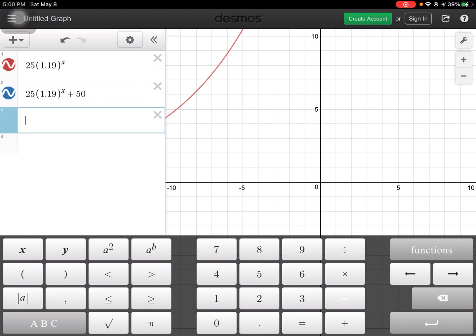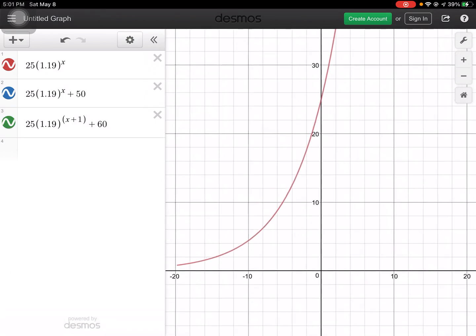And then we've got 25 times 1.19 to the x minus 1. Whoops, I better put that in x minus 1. And then we want to add 60. All right, let's see how they look.